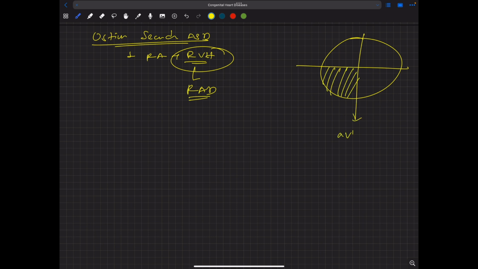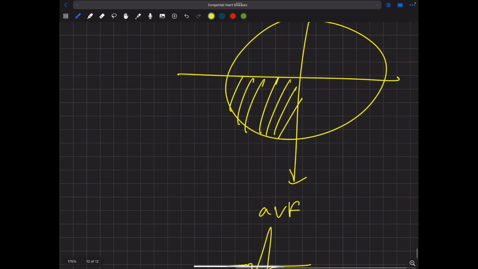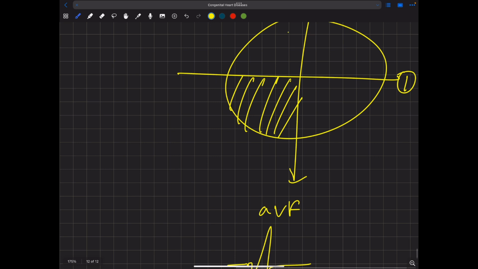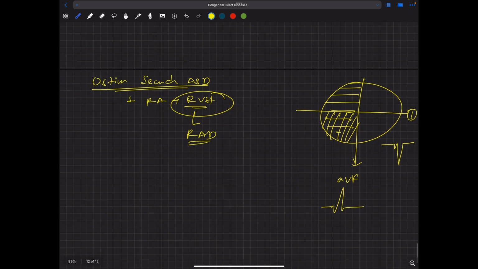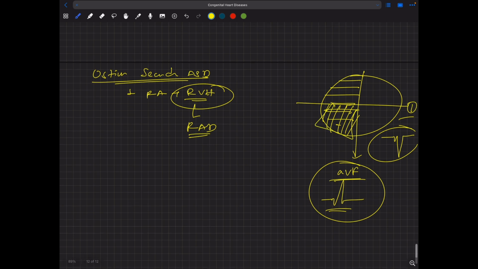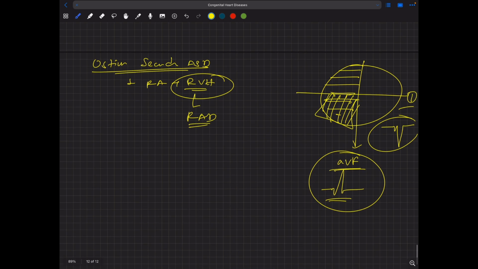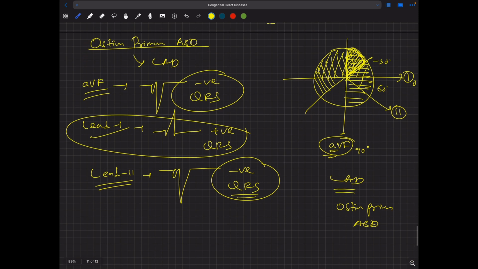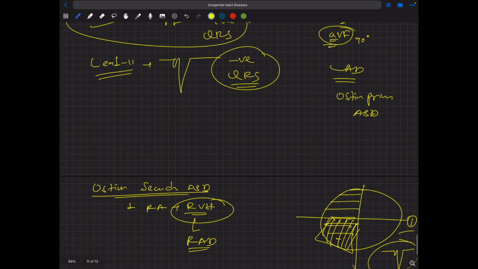If the AVF QRS complex is positive and in lead 1 the QRS complex is negative. So if you get an ECG in which the QRS complex in lead 1 is negative and in lead AVF is positive, that signifies right axis deviation. So in ostium secundum variety of ASD we will see right axis deviation, and in ostium primum variety of ASD we will see left axis deviation.